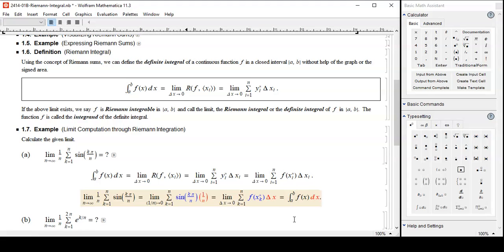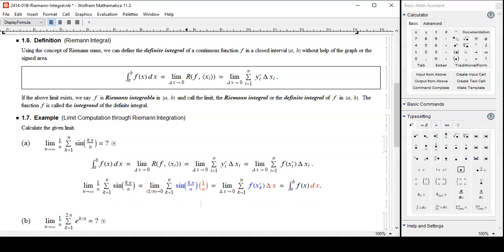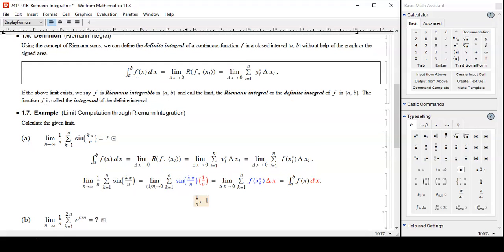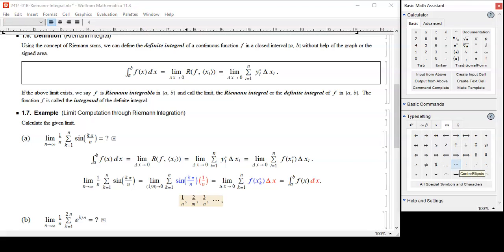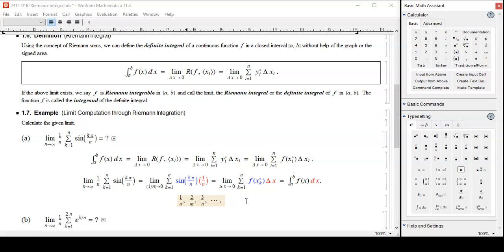Where does it go? From where to where? Look at the summation. The summation goes from k going from 1 through n, so 1 over n, and then 2 over n, and 3 over n, and so on, right? And then eventually I get n over n, which is 1.